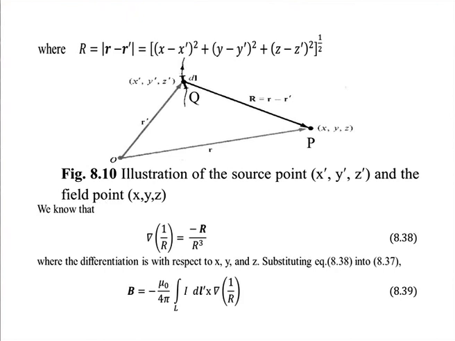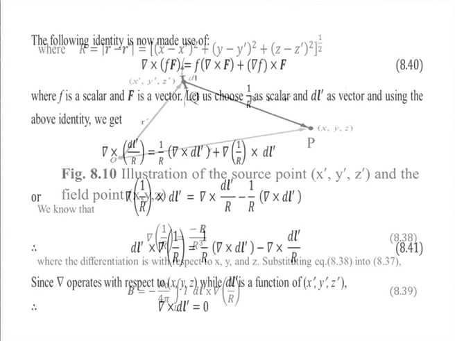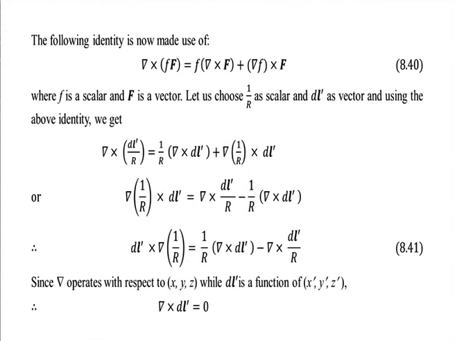Now, we shall make use of the identity given in equation 8.40, and we will choose 1 by r as a scalar and dl prime as a vector, and we will obtain the expression for dl prime cross gradient of 1 by r. Since del operates with respect to x, y and z, while dl prime is a function of x prime, y prime and z prime, therefore del cross dl prime is equal to 0, and therefore equation 8.41 reduces to the one given in equation 8.42.